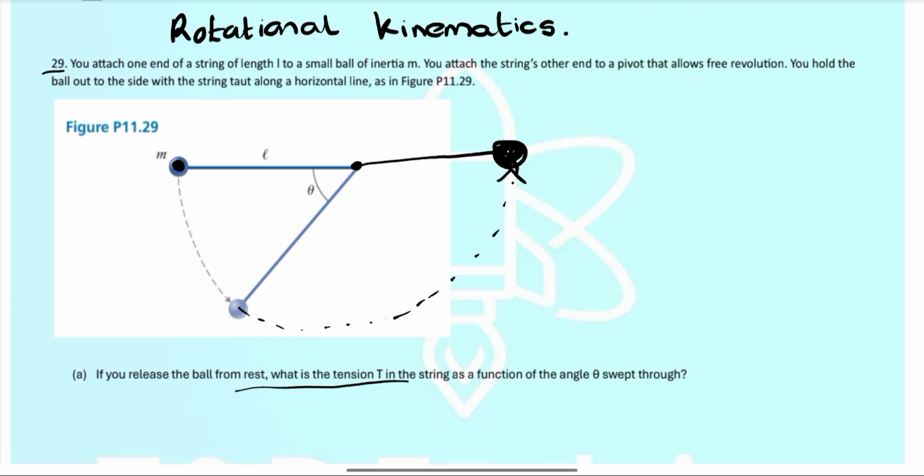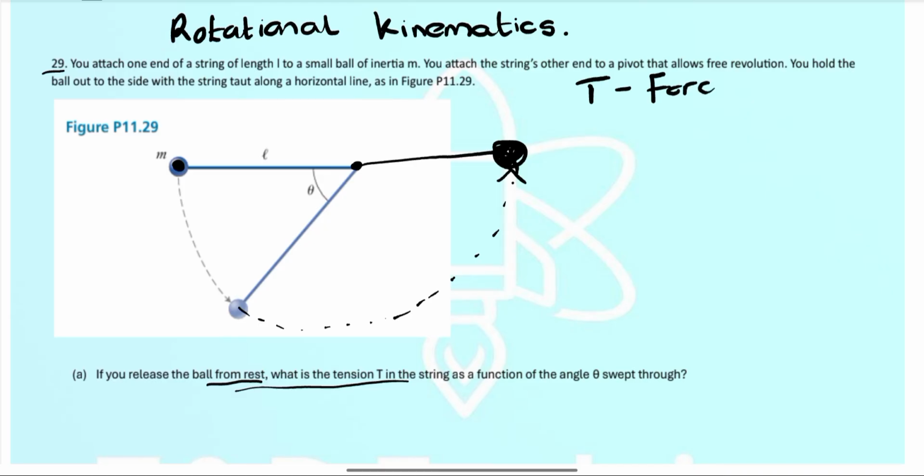So let's analyze the question. It is saying, if you release the ball from rest from that point, what is the tension T in the string as a function of the angle theta swept through? One thing to know is that tension is a force.